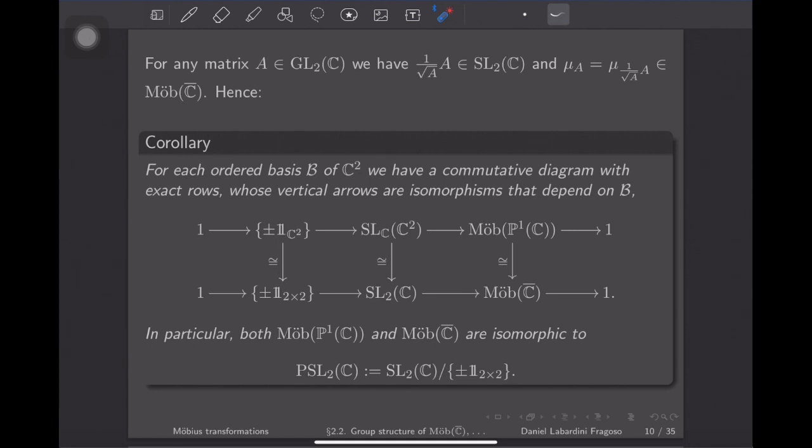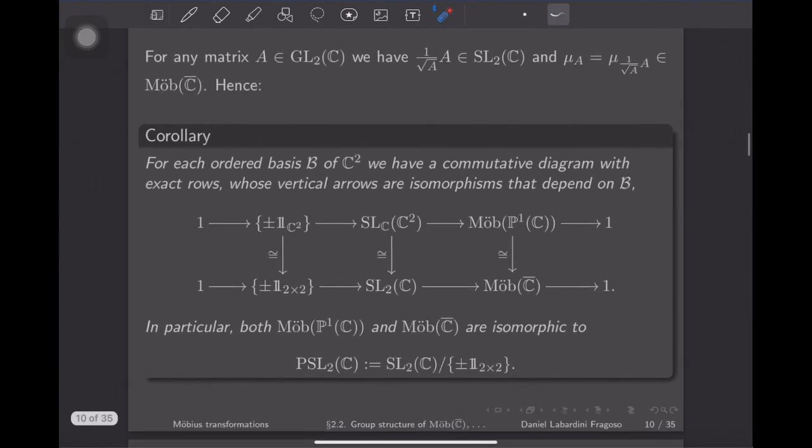I think it will become more clear why I would want to do that later on, when we speak about the Möbius transformations that preserve the upper half plane. For the moment, let's say just for fun, try to find a smaller group that still gives me all Möbius transformations.